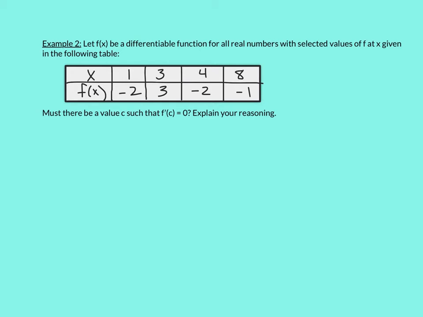So the important thing on this is to notice that they're asking you about Rolle's theorem, which I think is the hardest thing on that. If you notice they're asking you about Rolle's theorem, then all you need to go ahead and do is check your conditions and just make sure that it applies. So we are going to look at our conditions. And by the way, the answer is yes. I'll explain why in just a minute.